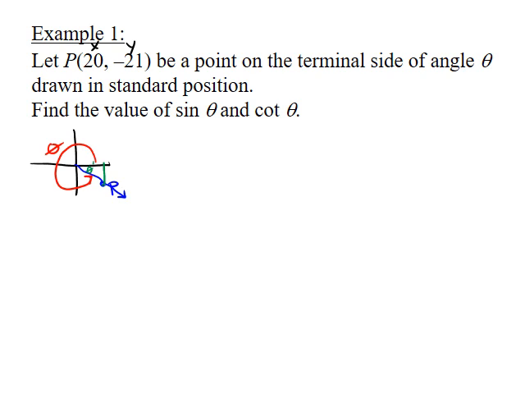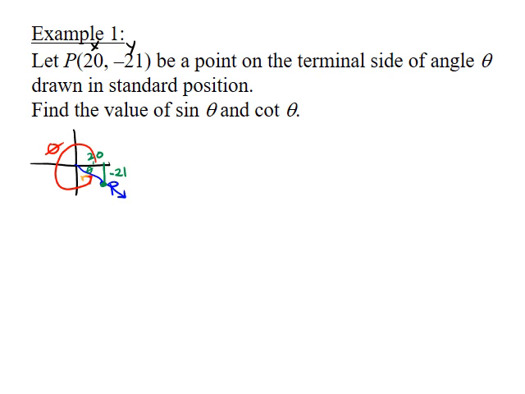If this is the ordered pair (20, -21), x is 20, which means this side is 20, and negative 21 is this side because we go down 21 units. Now we need to find side R, or the hypotenuse in this case. Just like before, we apply the Pythagorean theorem.